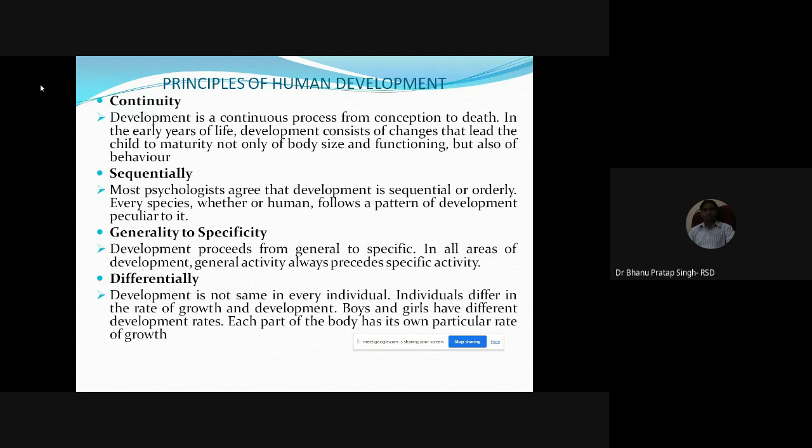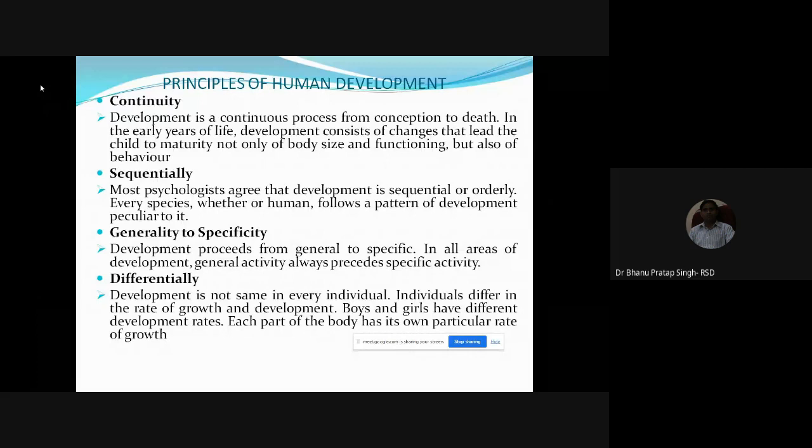In the early years of life, development consists of changes that lead the child to maturity, not only in body size and functioning, but also in behavior. Yesterday we also discussed behavior and how we can learn about the change of behavior by knowing child psychology.